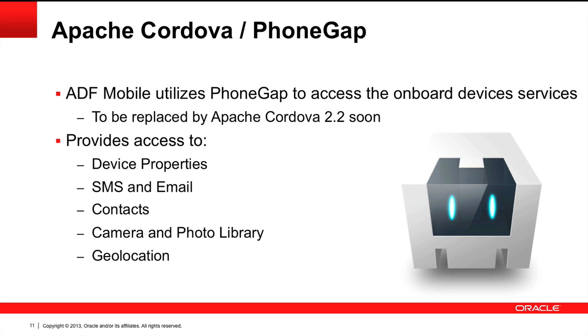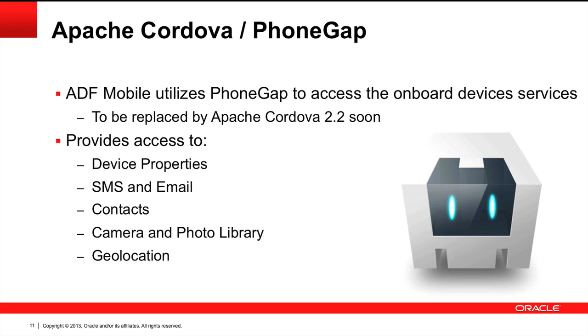So when we talk about PhoneGap and Cordova in the context of ADF Mobile, they're really one and the same thing, though one is the original version that was bought out by Adobe, and the other one, Cordova, is the open source effort coming out of Apache. Cordova and PhoneGap are ultimately a bunch of JavaScript APIs that give access to all the device features.